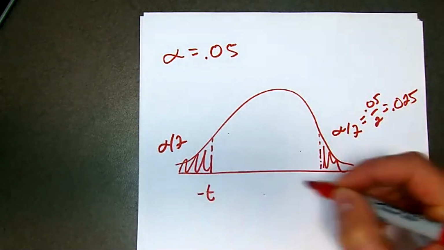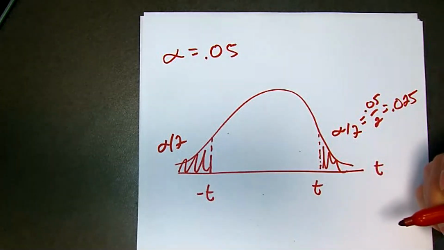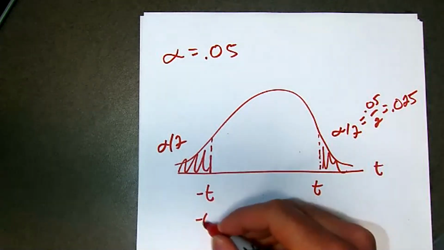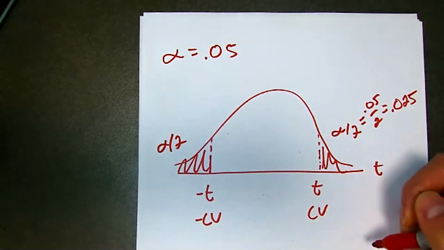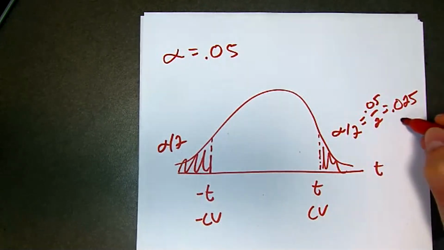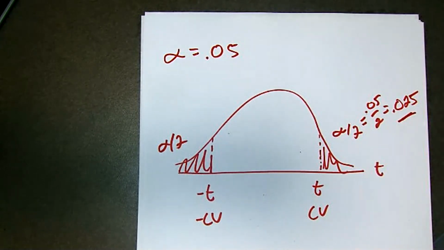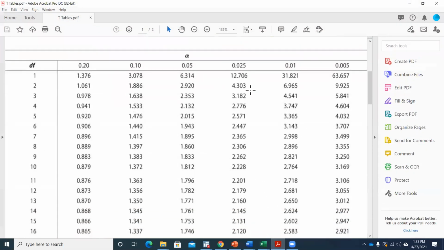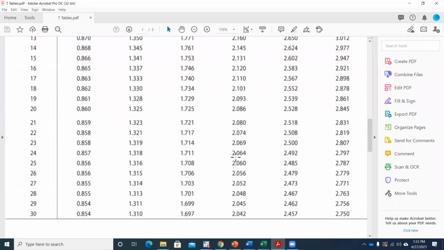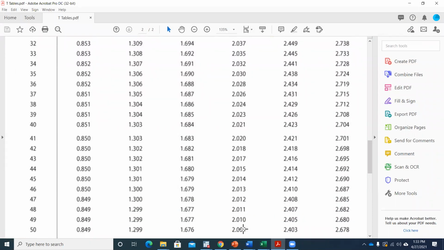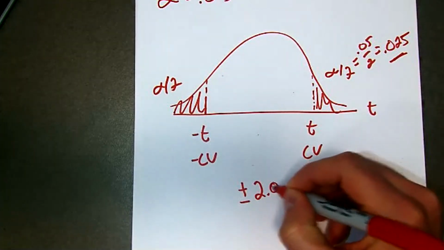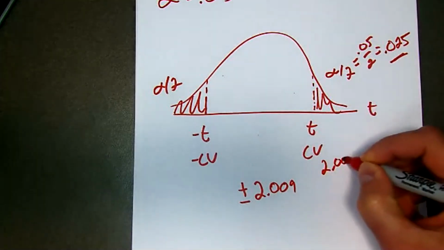And then we have a negative and a positive critical value, a pair of critical values. So now the area we want in the tail is 0.025. We go to that table, 0.025 at degrees of freedom of, I think it was 50, 2.009. So now our critical values would be positive and negative 2.009.